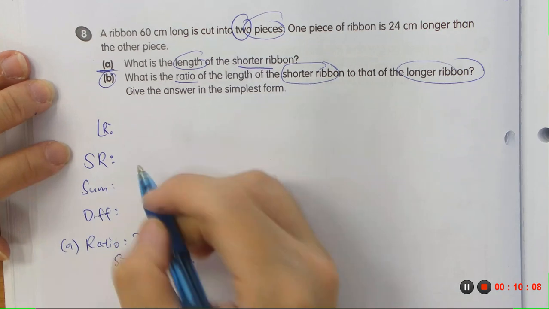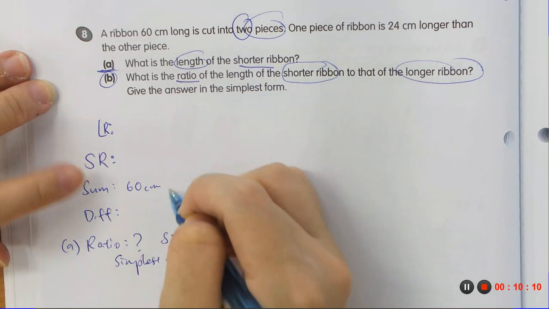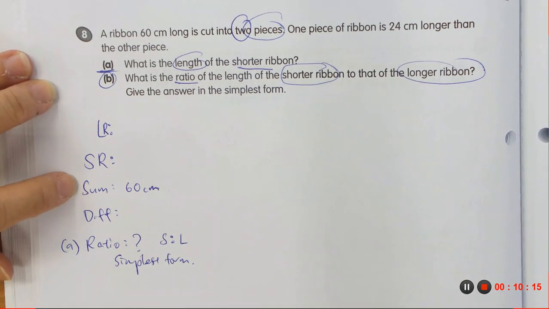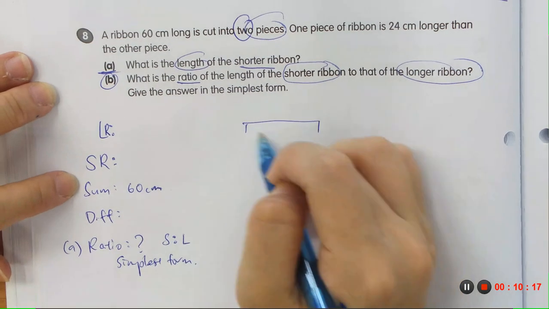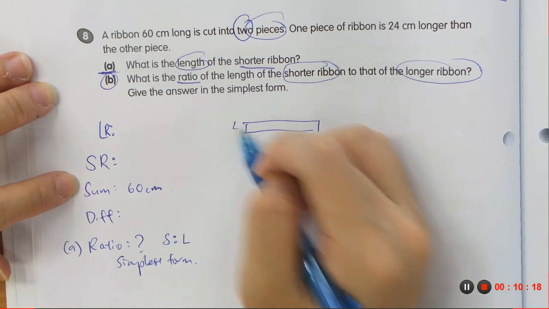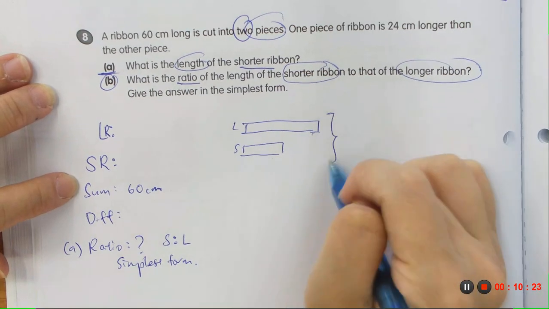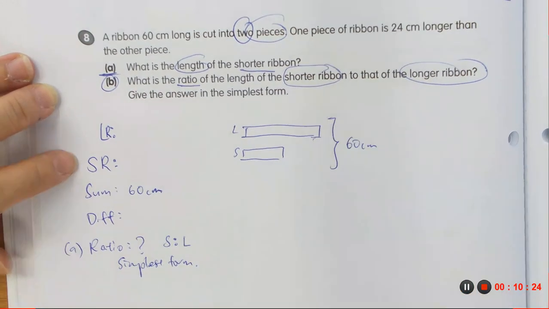Sum, that's right. So the whole ribbon is chopped into two pieces. One is the longer, one is the shorter. Altogether, 60 centimeter.